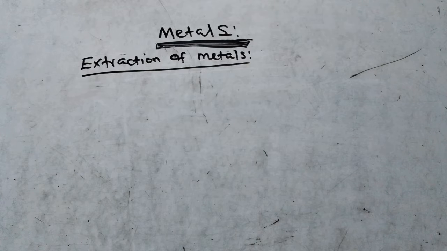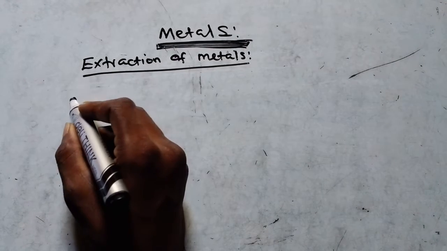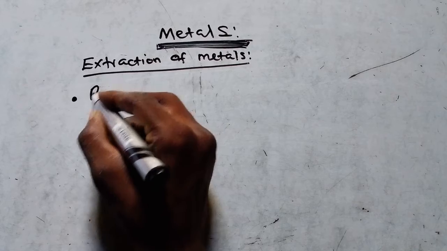So, metals are obtained from their ores. Take note. There are just 2 types of extraction of metals. The first one that we have is reduction.